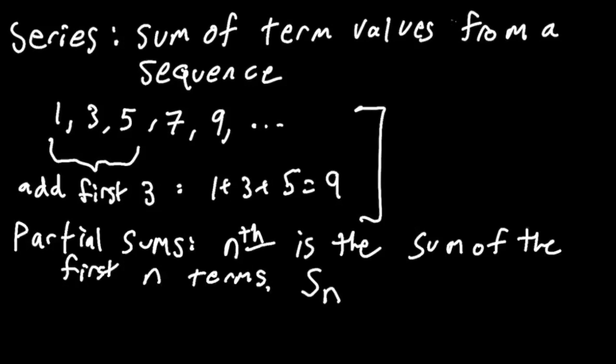So s is the partial sum, and then n is the number of terms we're adding up. So here we have s sub 3 is the sum of the first 3 terms, which is 9.